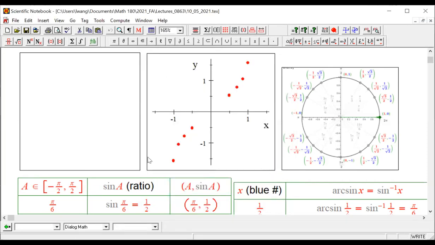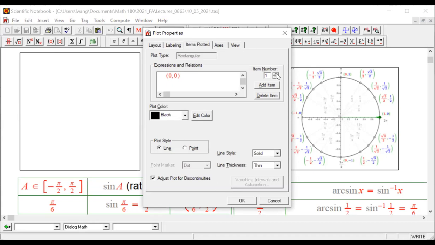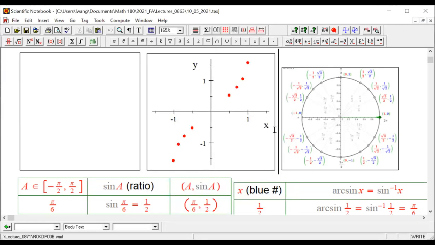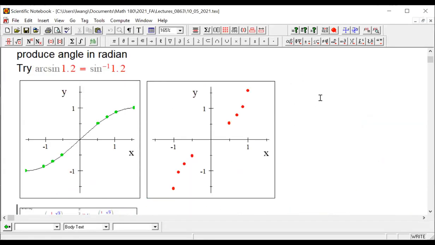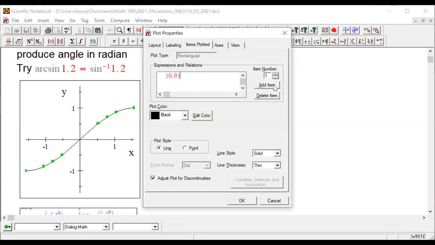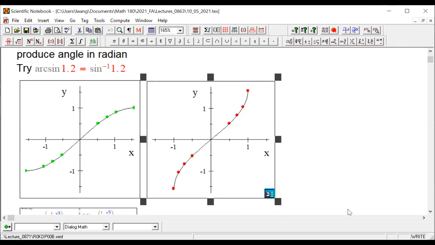I'm trying to connect the dots. Arcsine x. Okay, there. And what if we put them together?